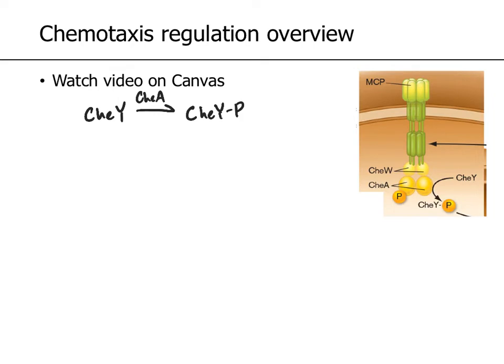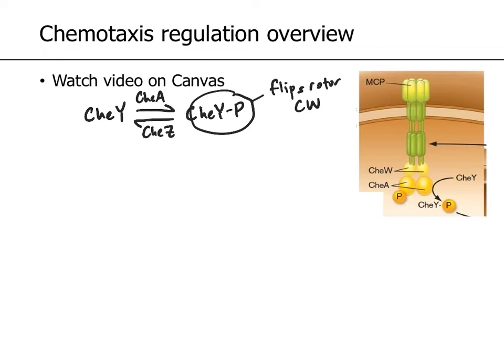But you also have to maintain the concentrations in the system, so you have CheZ that dephosphorylates this. This is the thing that flips the rotor clockwise, so this is the thing that causes the tumbles.